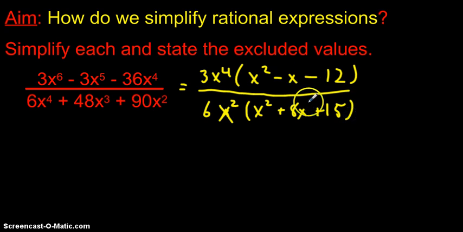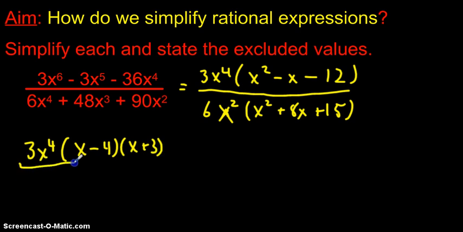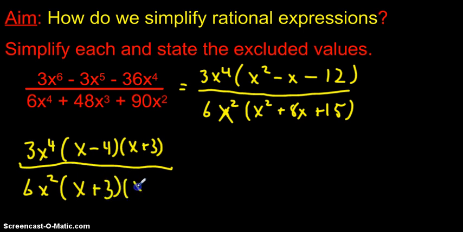Alright, so these can be factored further. So that'll become 3x to the fourth, this is x minus 4 and x plus 3, over 6x squared, x plus 3, and x plus 5.